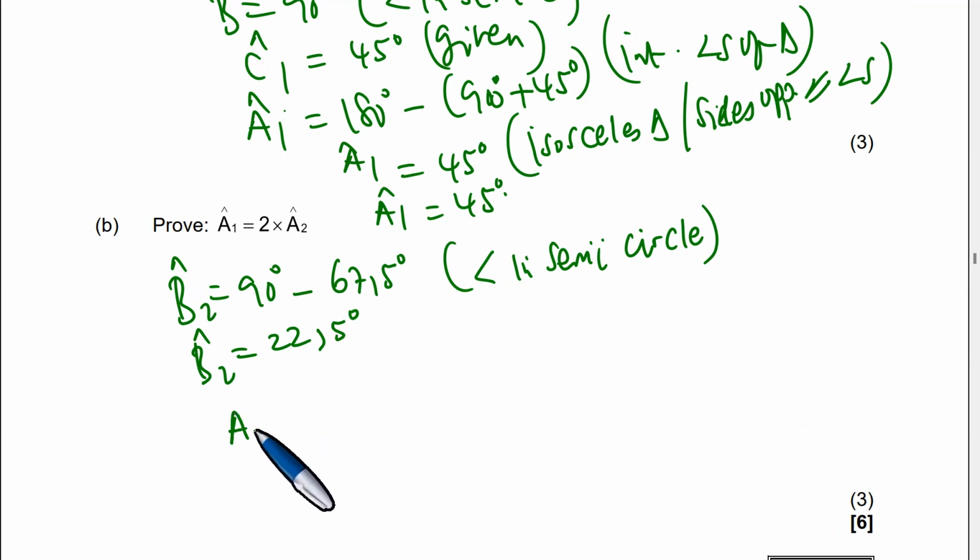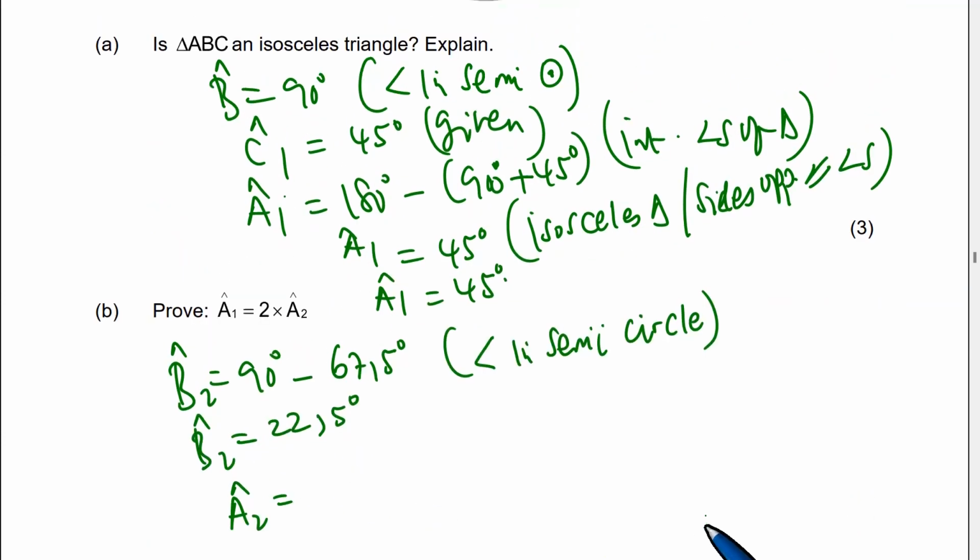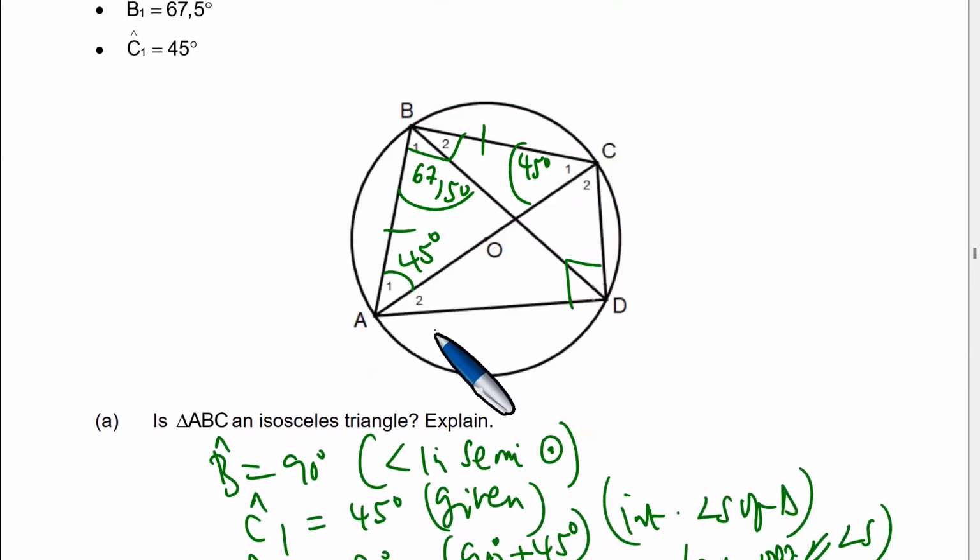A2. What is A2? Angle A2 is going to become what?